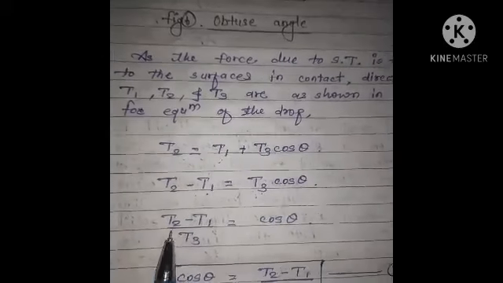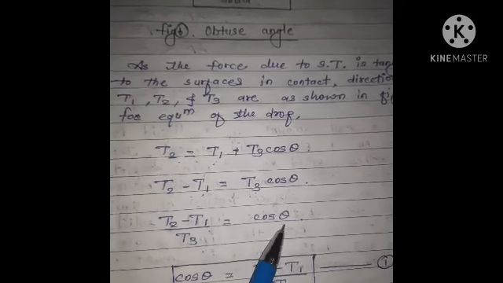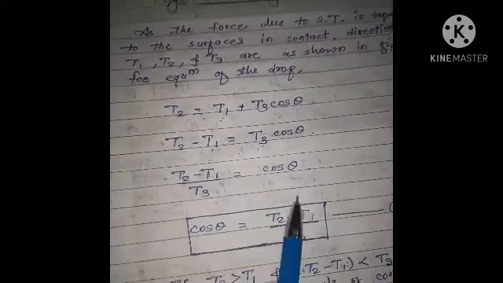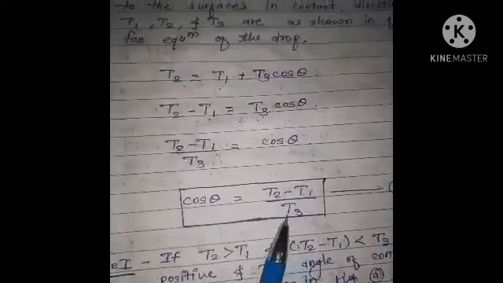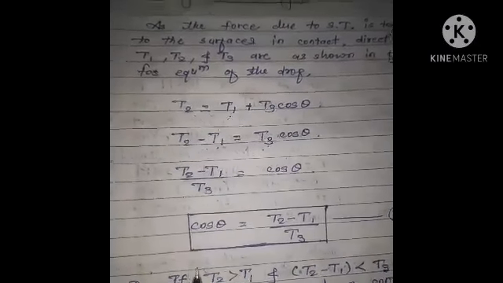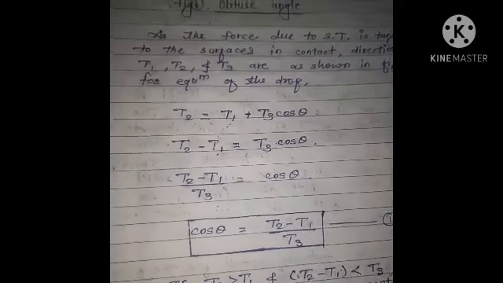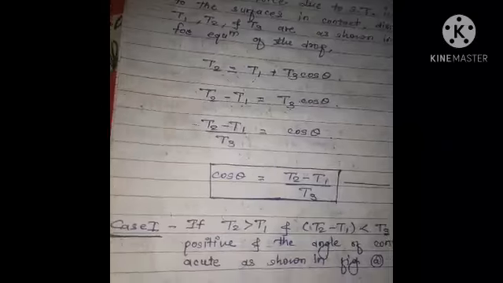Therefore, we get T2 minus T1 divided by T3 is equal to cos theta. So the formula is: cos theta is equal to T2 minus T1 divided by T3. Based on this mathematical expression, we will discuss four different cases.